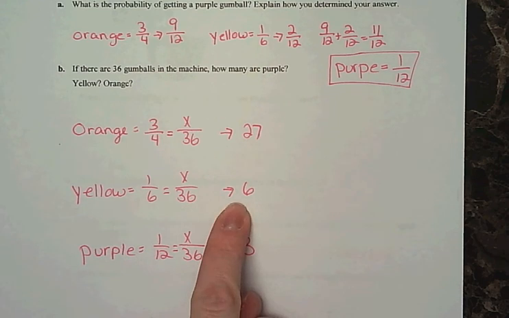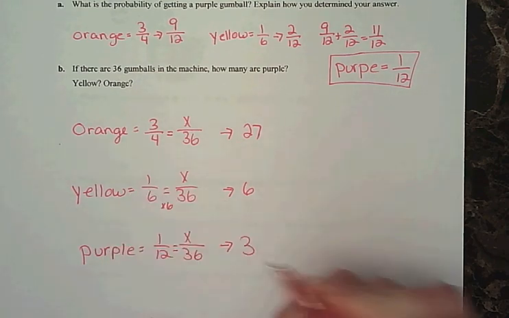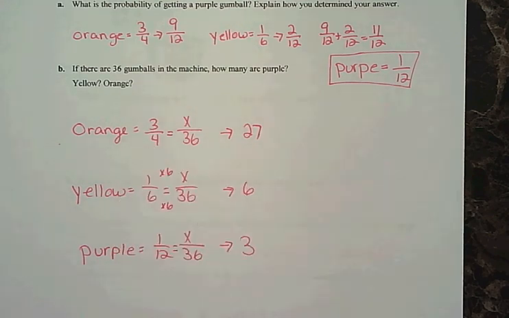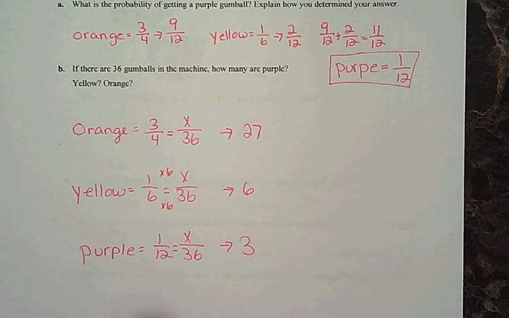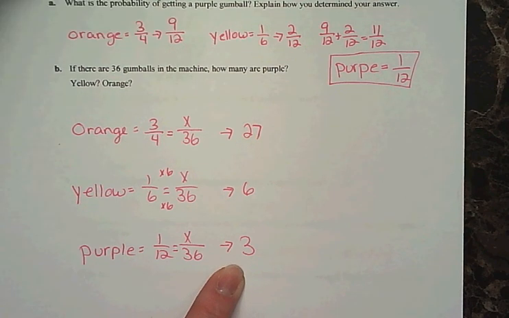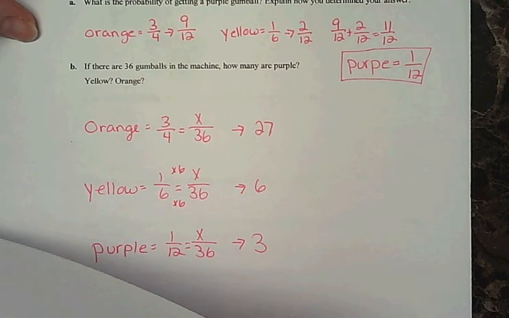Yellow would be 6 gumballs, because 6 times 6 is 36, and 1 times 6 is 6. So remember, you can either do scale factor or cross multiplication. And purple, we have 1 out of 12. We want to change it to out of 36, so 3. Okay, so I hope you're able to figure that one out. Let's look at number 4.